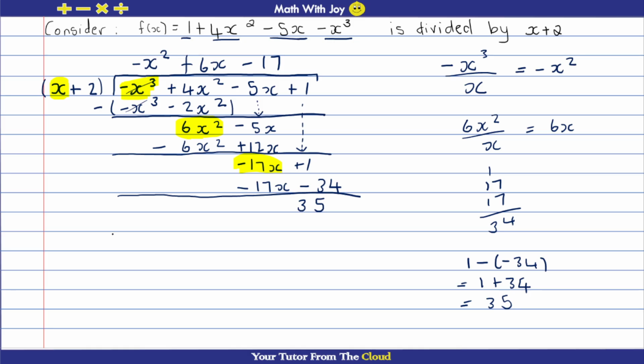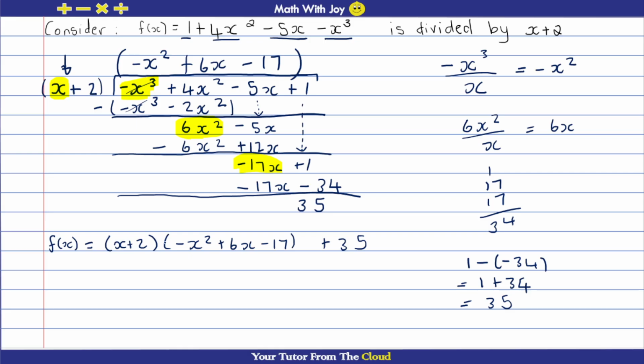That means that this f of x of ours can then be rewritten as x plus 2, which is the bracket that is dividing, times the answer at the top, which is minus x squared plus 6x minus 17, plus 35.